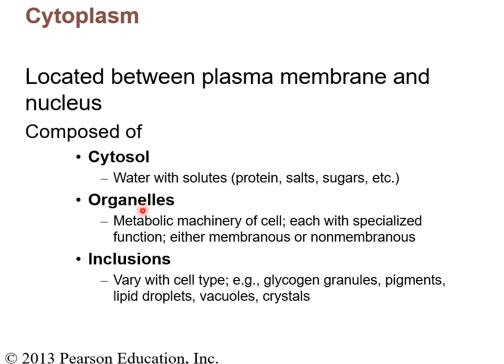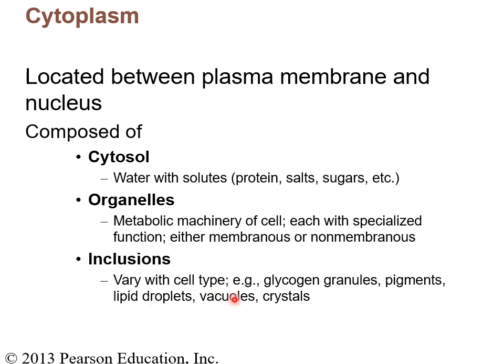Now, your organelles represent the metabolic machinery of the cell, each with specialized function, and they're either membranous or non-membranous. And inclusions vary. All cells have organelles, but not all cells have inclusions. So it could be like a lipid droplet that you find in a fat cell.